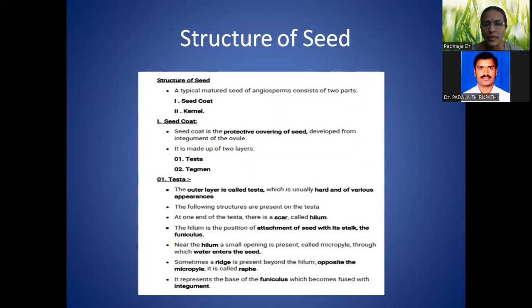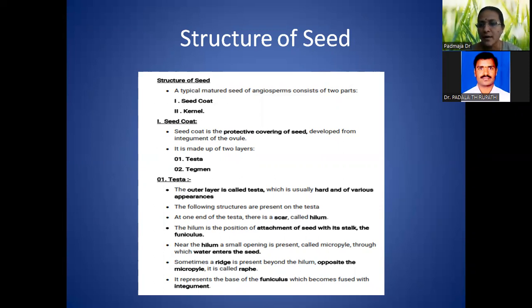The seed coat: we already studied that after fertilization, the ovule changes to the seed, and the envelopes of the ovule change into the seed coat. So the seed coat is the protective covering of the seed, developing from the integuments of the ovule.